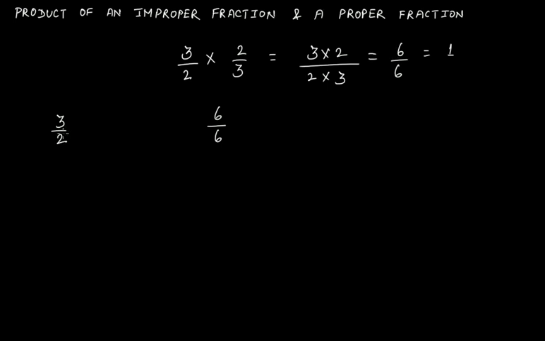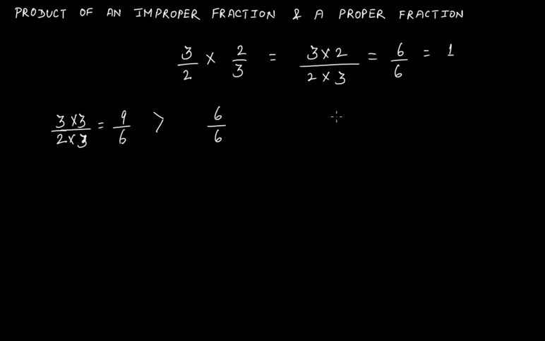So if we multiply this 2 with 3 and therefore the numerator also by 3, you'll get 9 by 6. Now we can compare these two because now these two fractions are like fractions, right? Because the denominators are now same. So 9 by 6 and 6 by 6 means what? 9 by 6 is greater than 6 by 6.